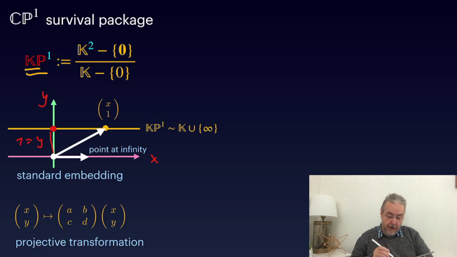This one point has the coordinates (1, 0) with identified scalar multiples, which plays the role at infinity. So you can consider this space KP1 as, well, all elements of the field K, and you take a union with one point at infinity.